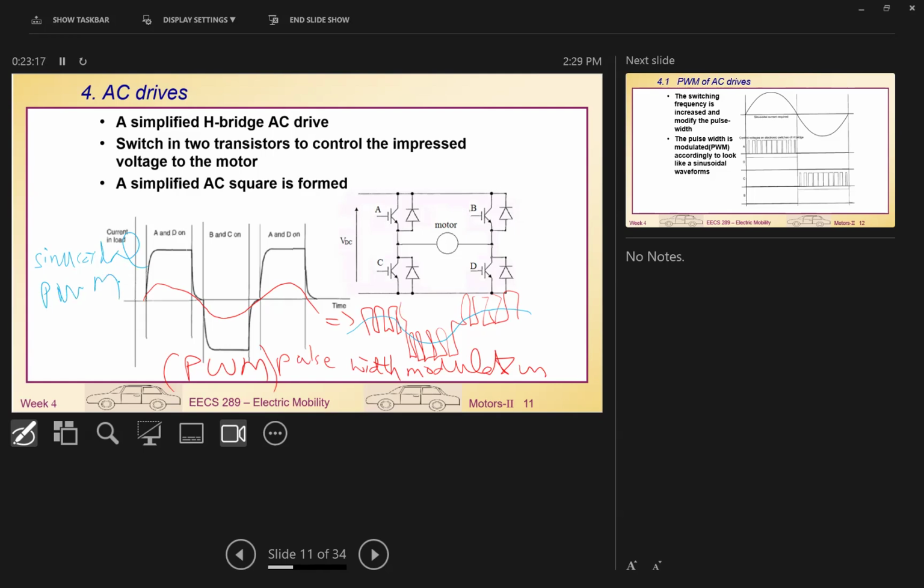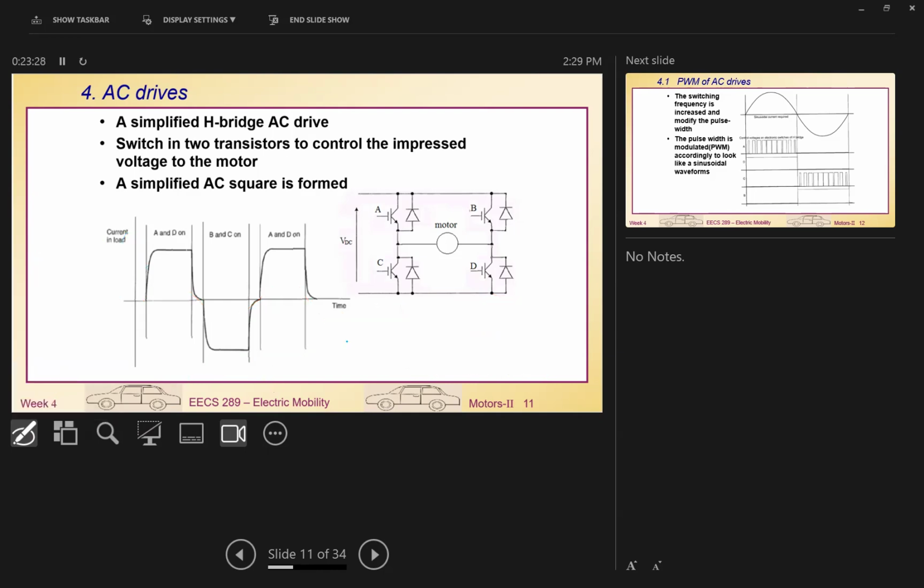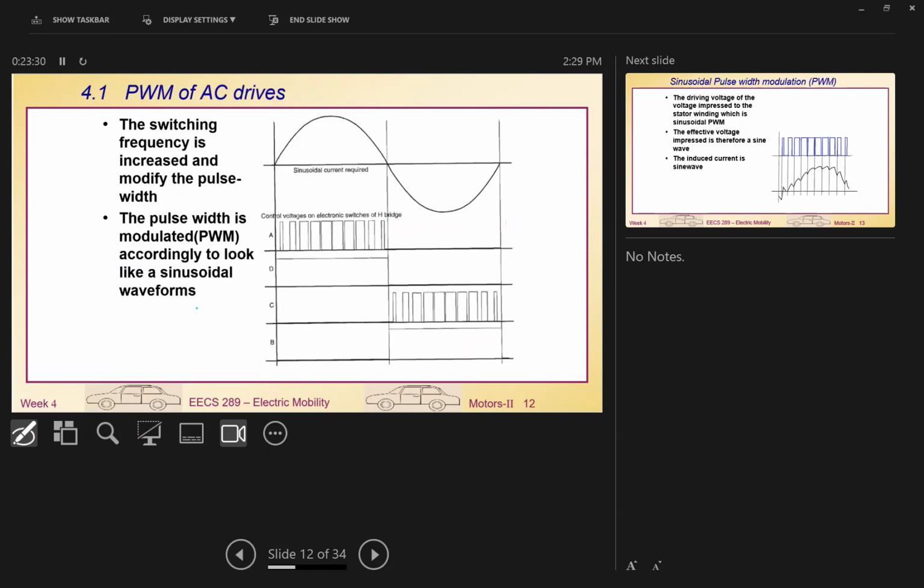So that's how the system actually looks like. Okay, let's clear it. So that's how I say, I want to excite the induction motor using a sine wave like this. So that means for each of the transistors, we need to control the turn on and turn off time, so they can make something like this kind of pulse width modulation waveform.